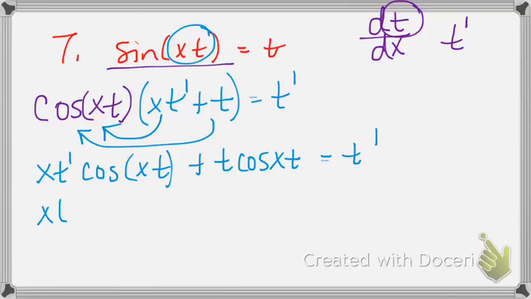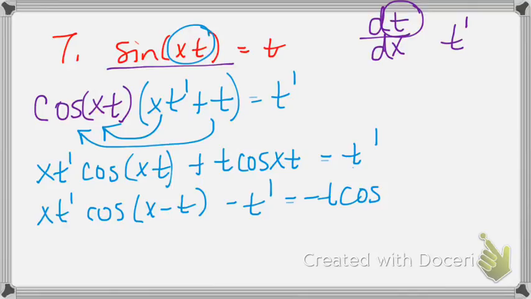Okay, at that point I can get everything that I need to get together. Move my t prime over. Move the t cosine of xt over. I'm trying to find t prime, so now we're going to factor out what that is and divide by it, and I'm going to do it all at the same time.